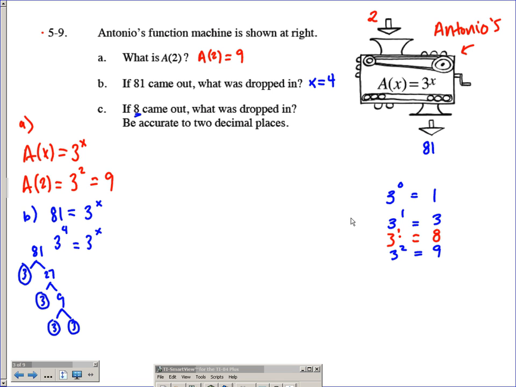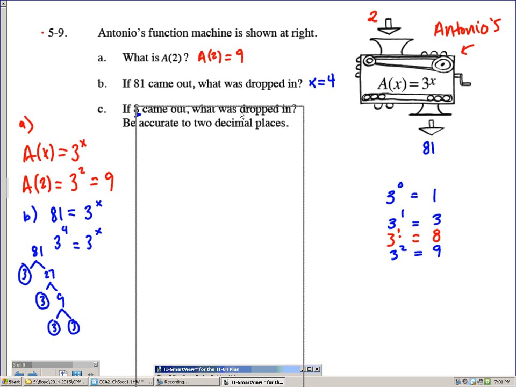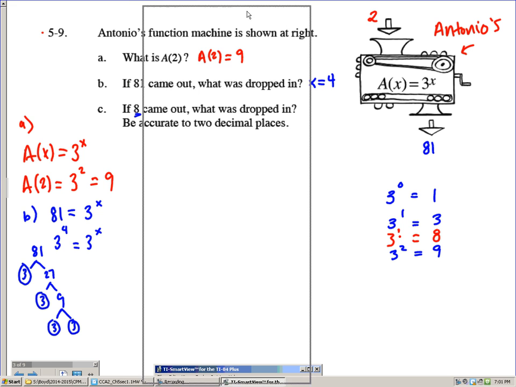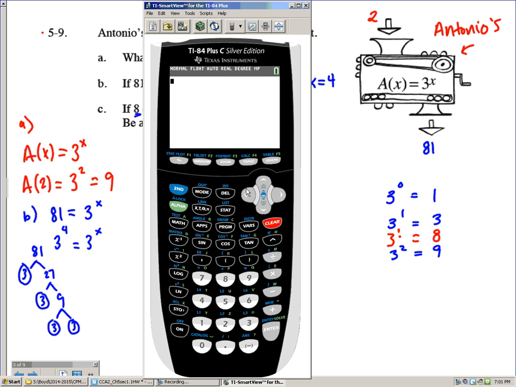So we can try some different values here, and I'm going to pull out my calculator and do a little bit of guessing and checking. It says that it wants us to know to 2 decimal places. So we said 3 to the 1st power was 3, and 3 to the 2nd power was 9.